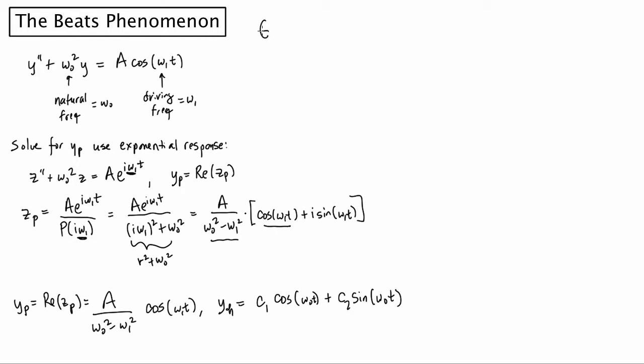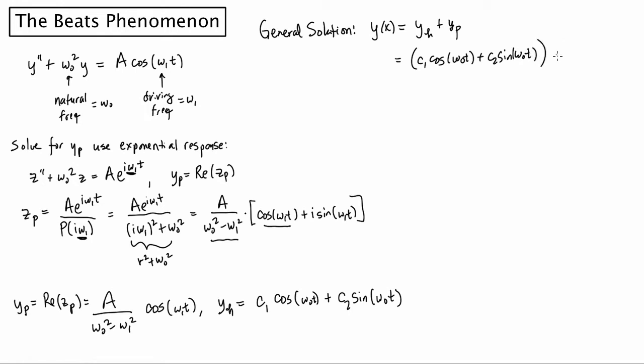Which means that our general solution is y equals y sub h plus y sub p, which is c1 cosine omega naught t plus c2 sine omega naught t plus this term here.